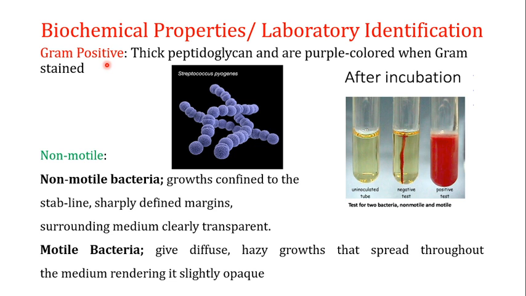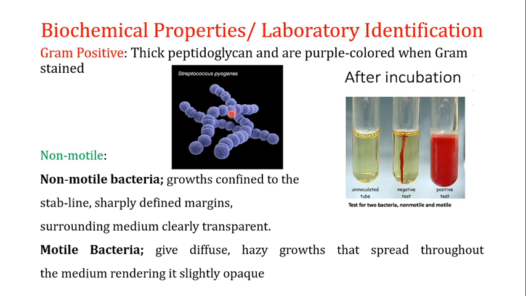And these group A Streptococcus are gram-positive because they have a thick peptidoglycan layer, and when you stain them with the gram staining, they are going to give you a purple color. So in this diagram, if you see, they are making chains, and they are purple when you stain them with the gram staining.